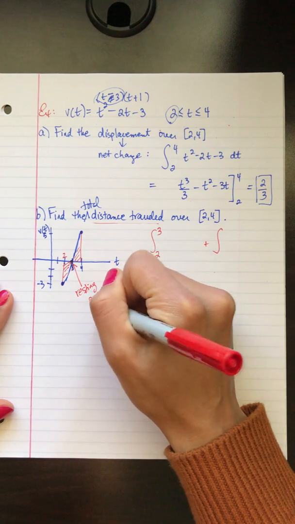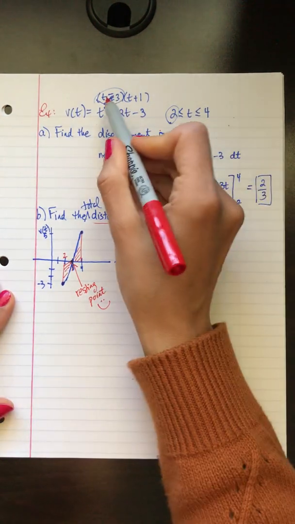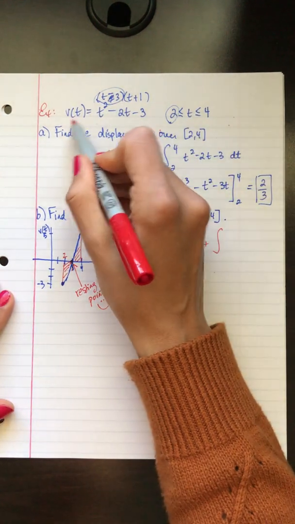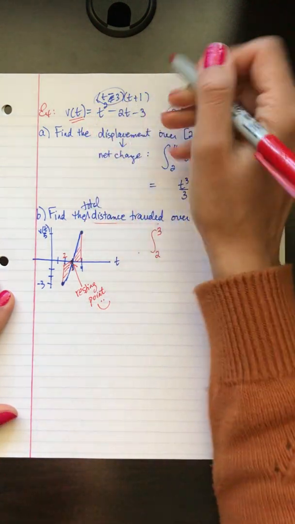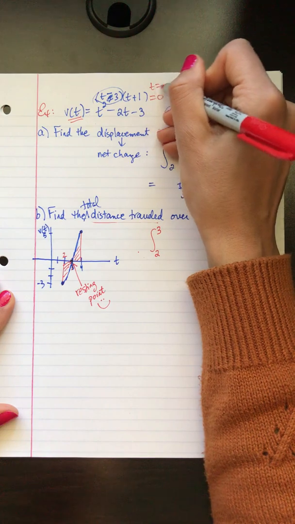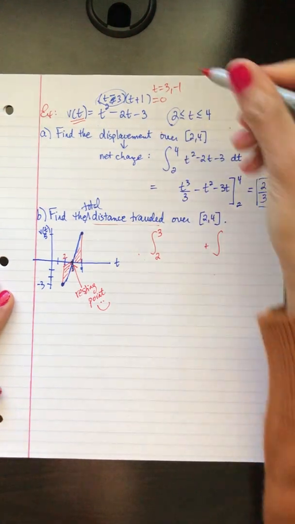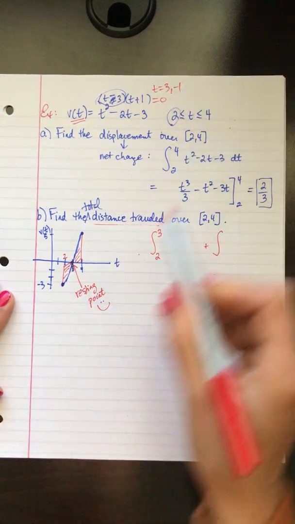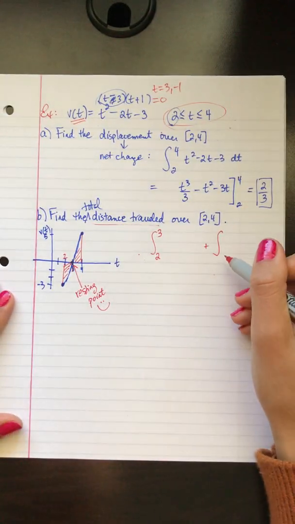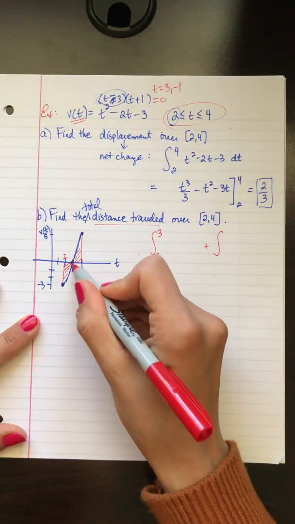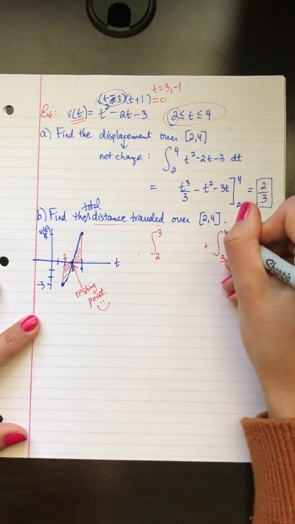Yep, remember that? It hasn't gone away. It's one of the zeros of the velocity function. If you forgot what a resting point is, it's where velocity equals 0. And I'm not interested in the -1 because that's not in my problem. So the other integral will start from 3 and go to 4.